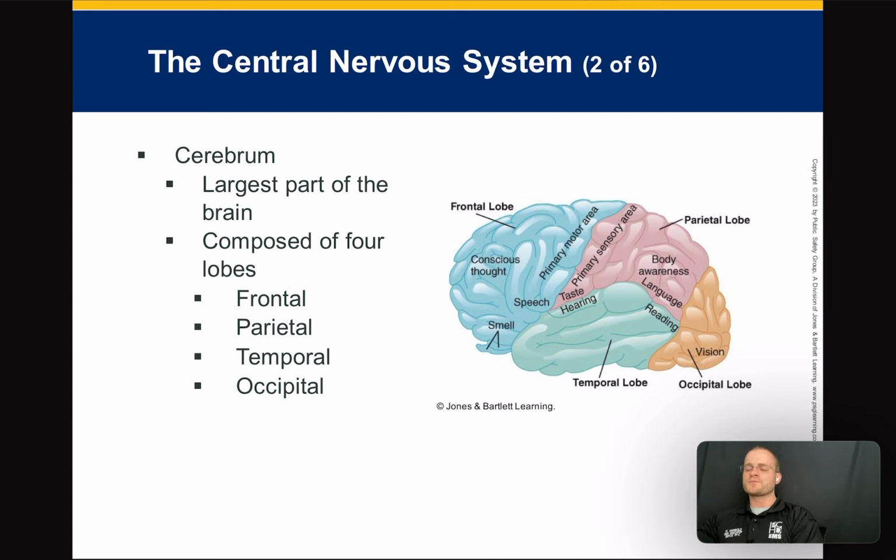The parietal lobe. So parietal is here, right? So like this. This is the parietal lobe. And so the parietal lobe is body awareness. There's a huge language and speech portion that runs through here. And then lastly, occipital lobe. So the occipital lobe of your skull is the very back, and vision is really important.